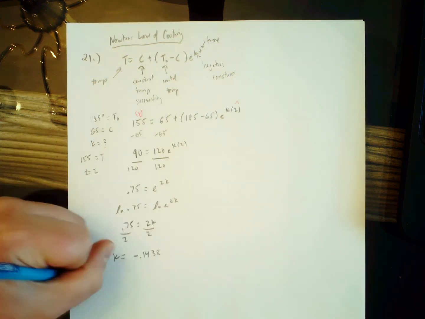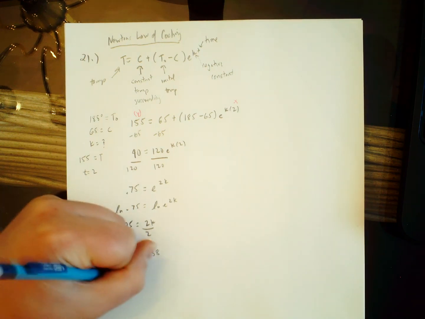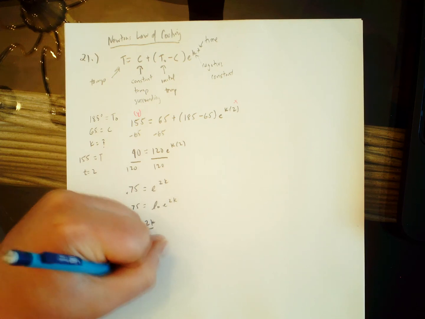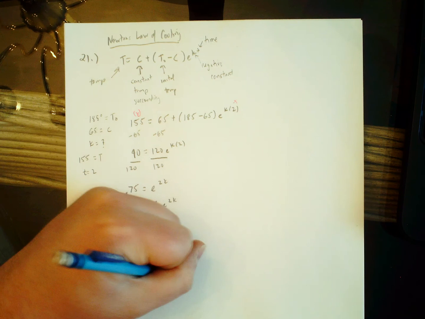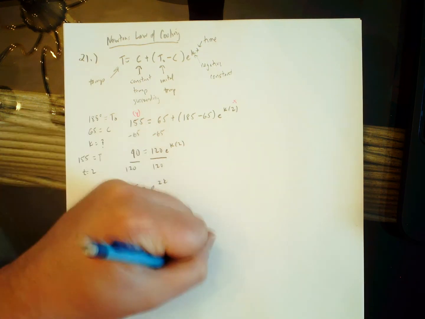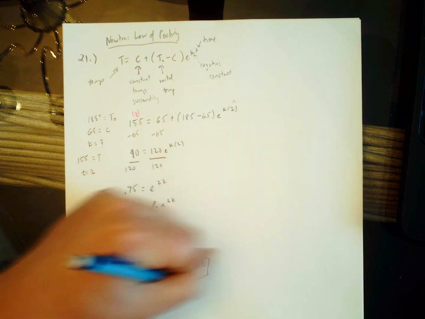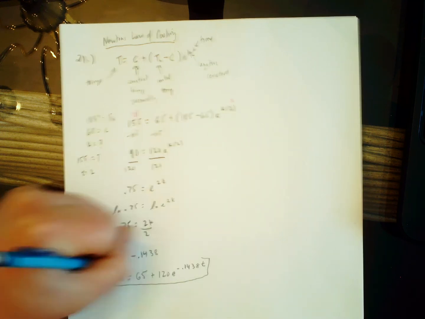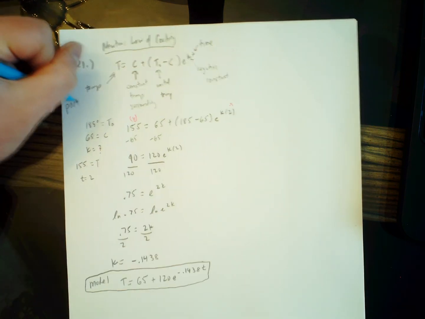So that means your model is T equals 65 plus 120 e to the negative 0.1438 t. And that is your model. And this is all for part A.